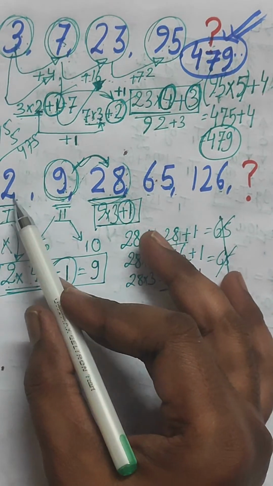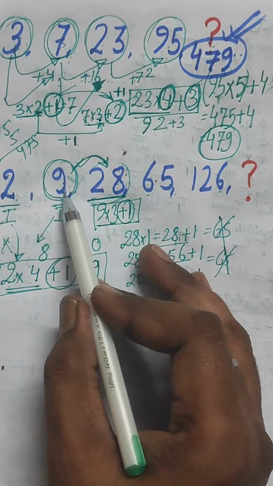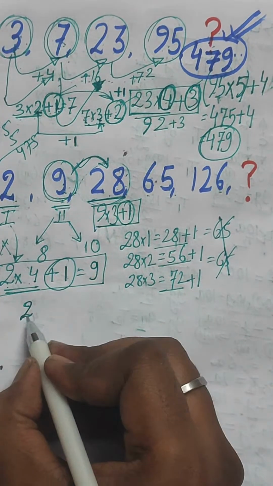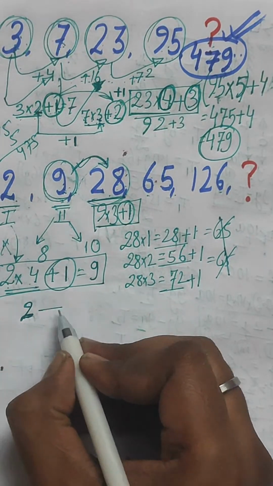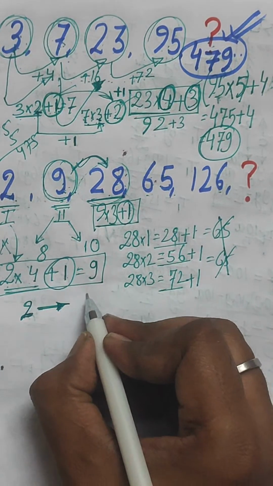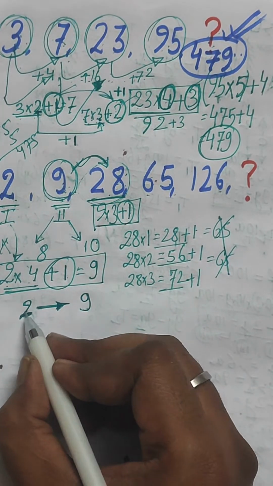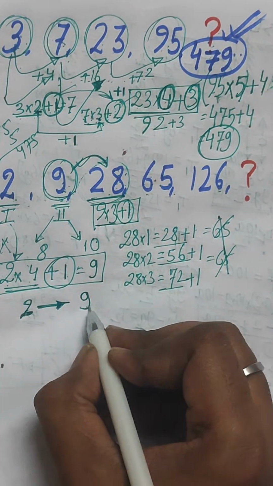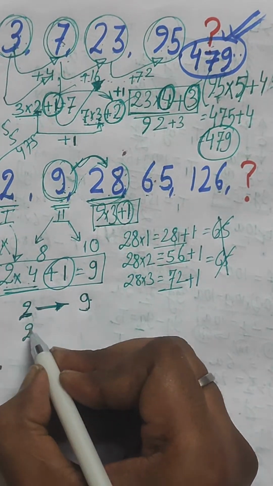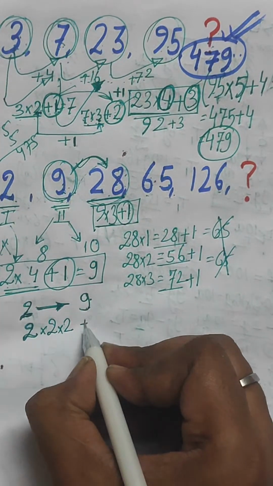Now you can see 2, when you are trying to get the number 9, how can 2 be reached out to 9? You can also think like this, that the basic arithmetic logics which are coming into your mind need to be applied over here. So when you are trying to approach nearby 9 from 2, you can see 2 into 2 into 2 will be 8, plus 1 is 9.